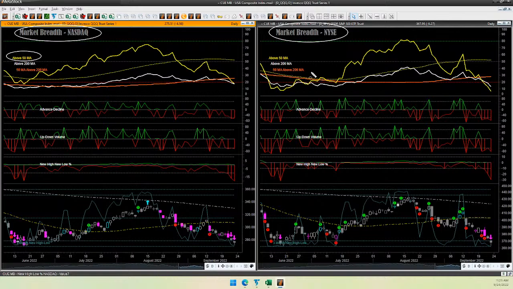If we want to look at the percentage of stocks above 50 MA, we see here also both the exchanges are oversold. If we look at the 3-month new high low, that is also oversold. And now we have some more additional signal, that is the down arrows on Thursday, Friday in Nasdaq and on Friday in NYSE.